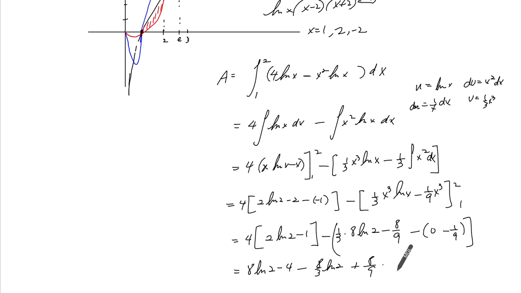So that's 7 over 9. You can collect these two: 24 minus 8 is 16 over 3 ln of 2. If you combine these two, you get minus 3 and 2 over 9 in mixed form.